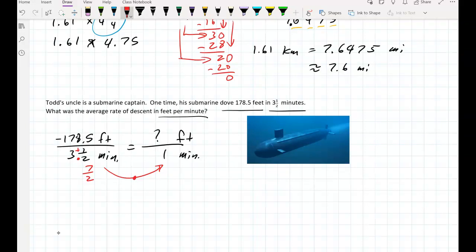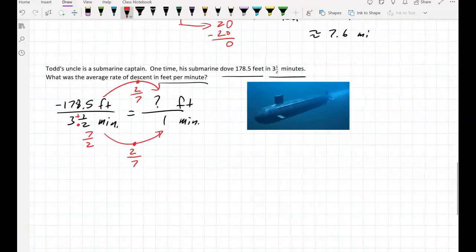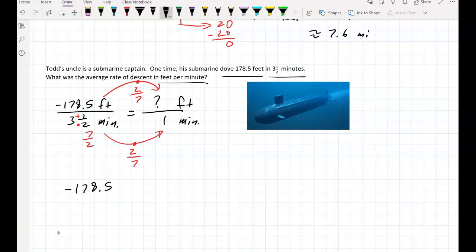And what's the reciprocal of 7 over 2? It's 2 over 7. So I multiply by the same up here, 2 over 7. So that means I am going to be multiplying negative 178.5 times 2 over 7.